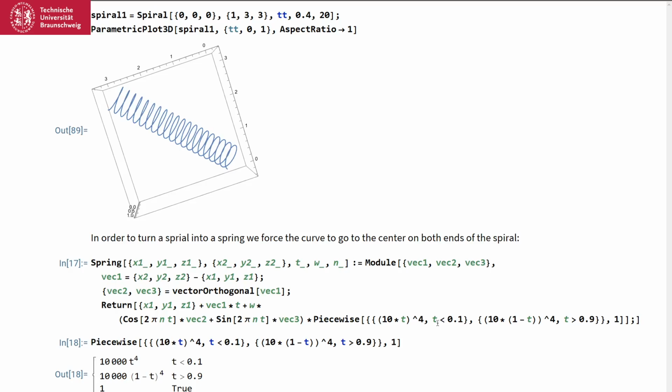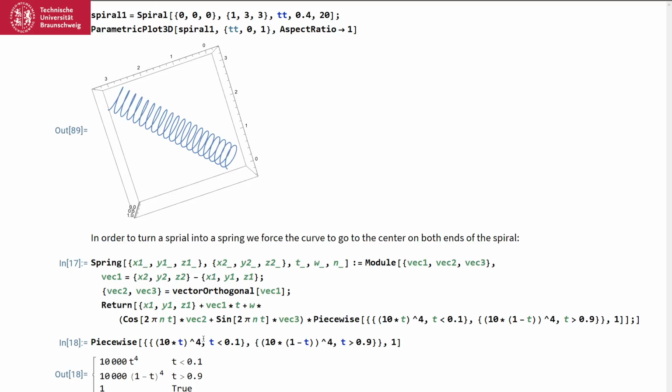Yeah. And this I decided for no particular reason at all to go with the fourth power of t. Yeah.